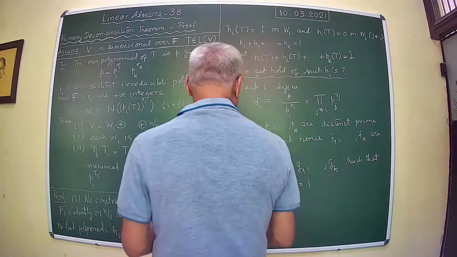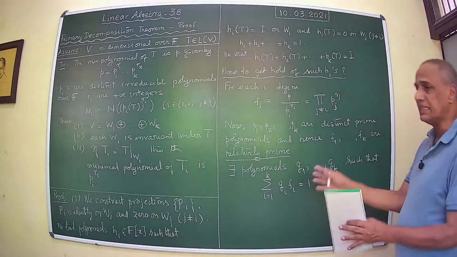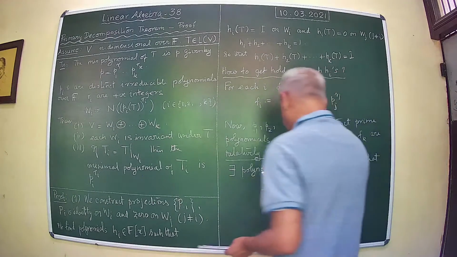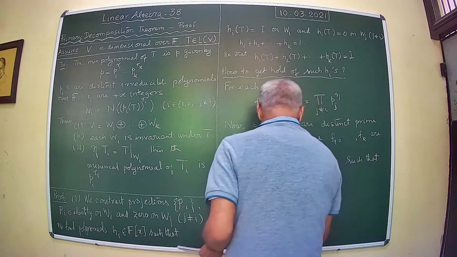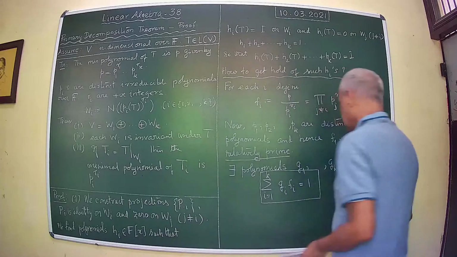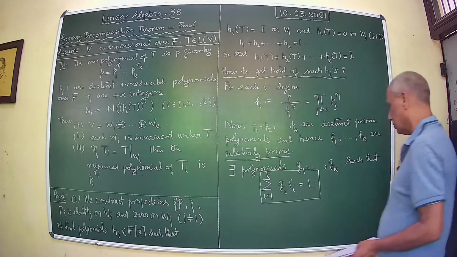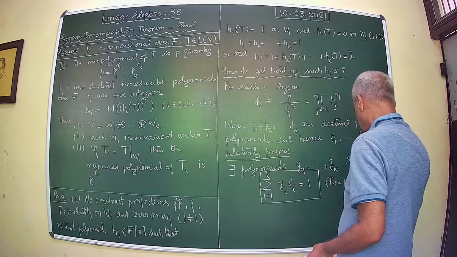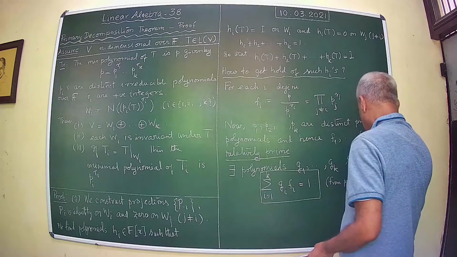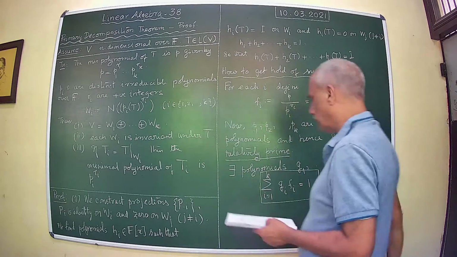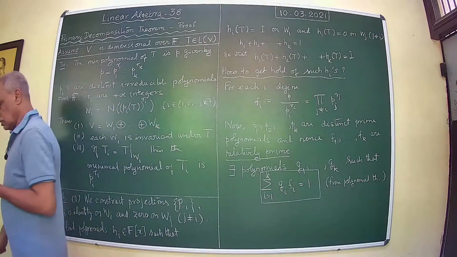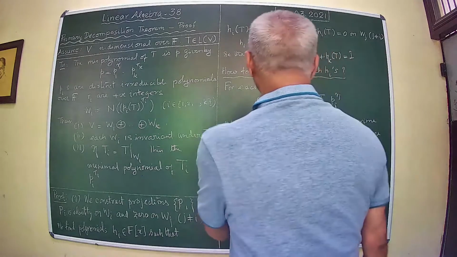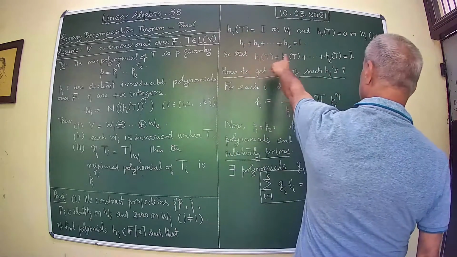Such gi's exist, and this is one of the basic theorems from polynomial theory that we use. So this is an important existence result. Once you get that, these are going to be our h1, h2, and so on.